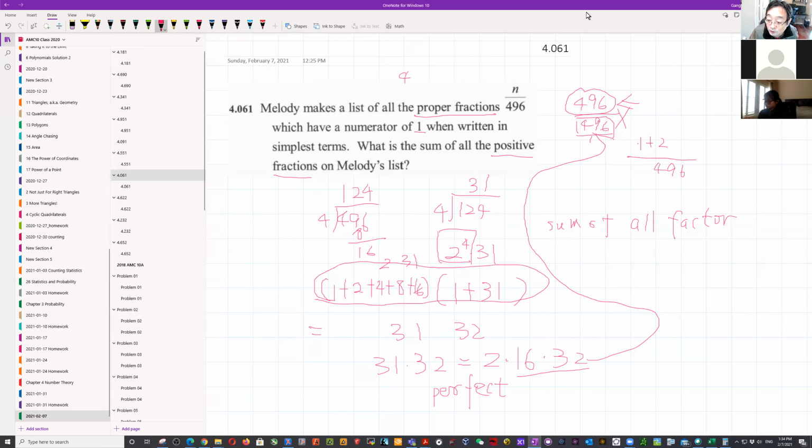If you add them all up, it is 1 plus 2 plus 4 plus all the way to 16, multiplied by 1 plus 31, then minus, because I don't want the biggest one, 16 multiplied by 31, over 496. And this we know basically is 2. And this basically is 1. So 2 minus 1 equals 1. So that's the way you get this problem.